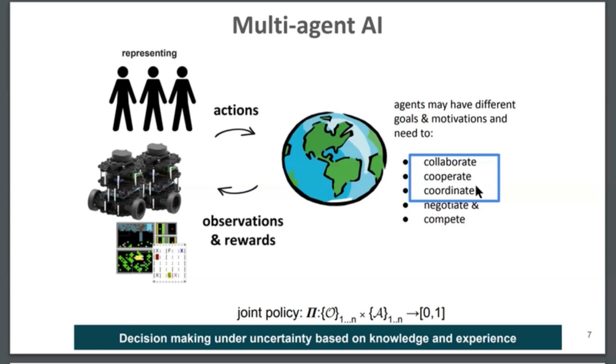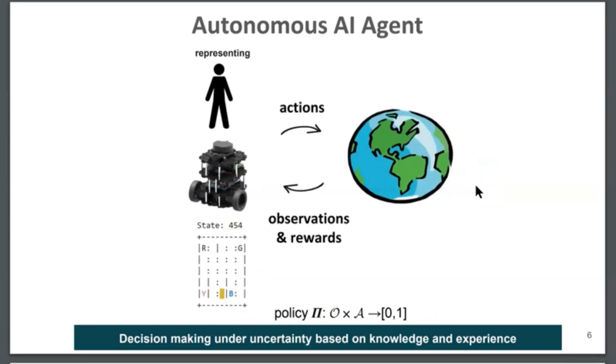Each agent has some reward or optimization criteria, but there is either an incentive to collaborate or at least an incentive not to interfere with each other, which is already very rich and it gives us a lot of problems to work on.